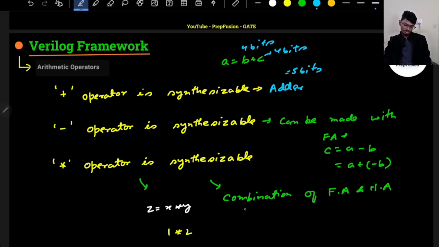For multiplication, it becomes twice of this. If these are 4 bits, the result will be 8 bits. This information you should know about multiplication. So you need a storage of 8 bits.